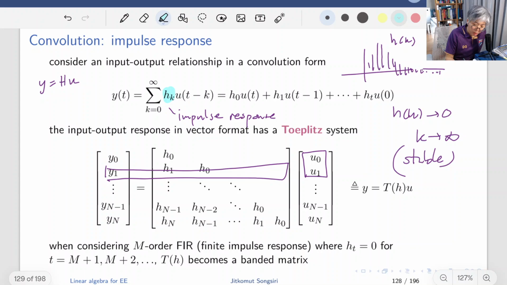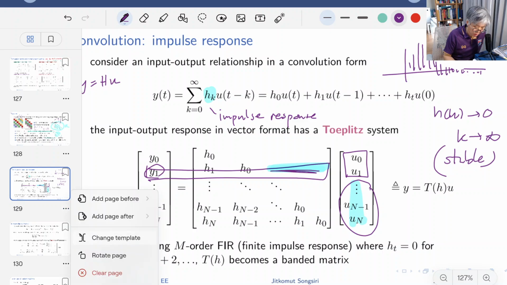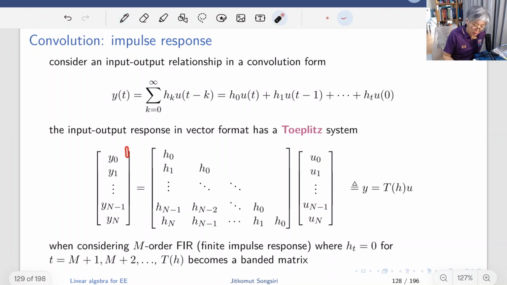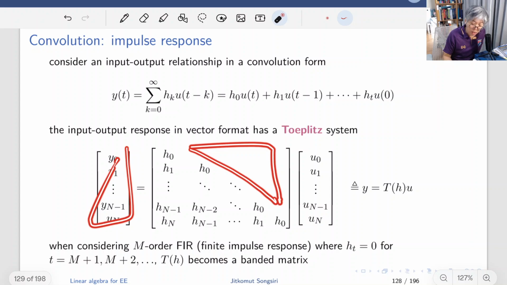So that's why you're going to see 0 in this part of the matrix, because it would be multiplied with the future u, and that is not possible. Yt cannot be a function of the future u. In short, when you map the convolution sum into a linear vector form, first of all, you're going to see a lower triangular system.